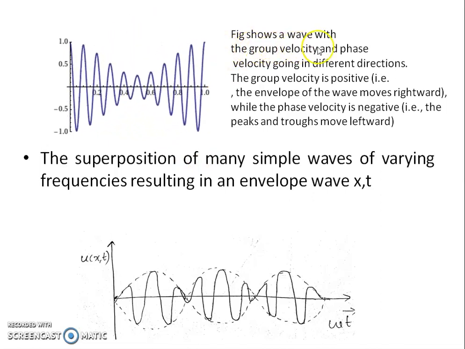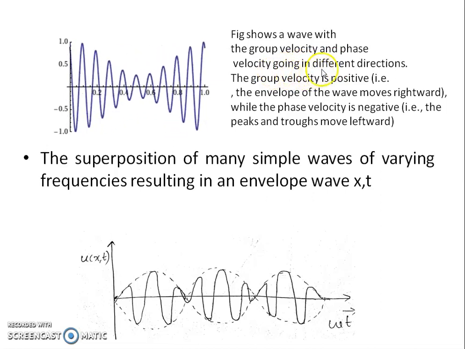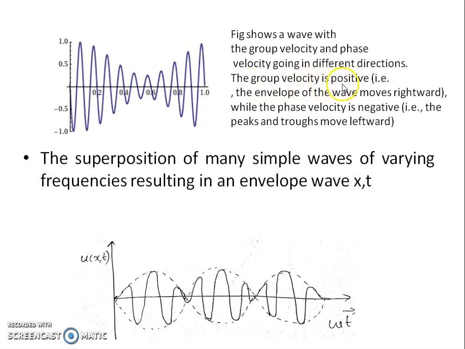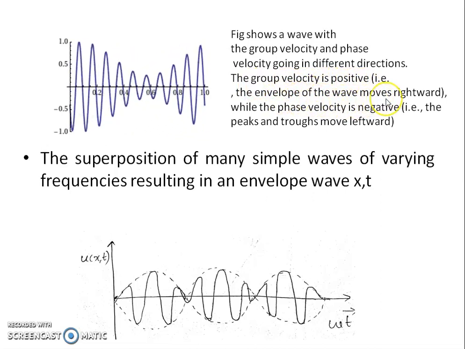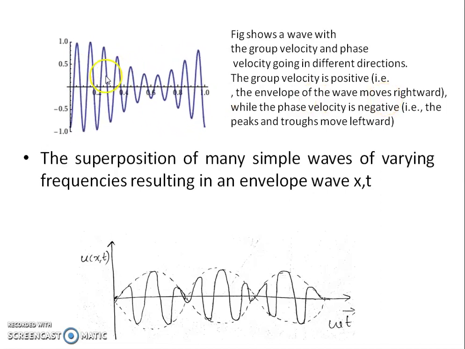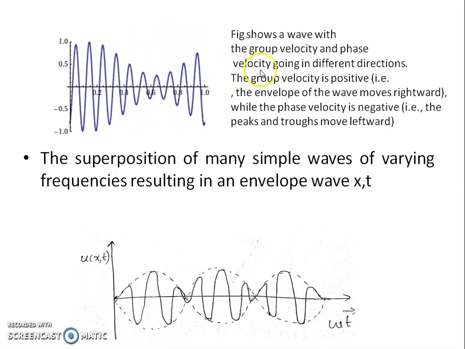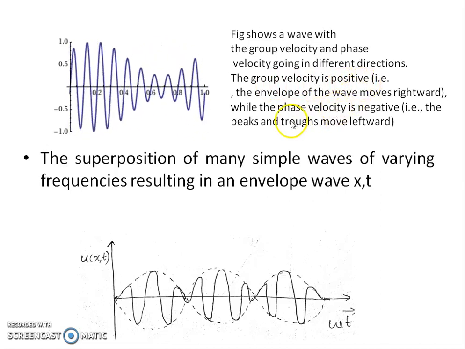Here the figure shows the wave with the group velocity and phase velocity. They are going in different directions. The group velocity is positive, that is, the envelope of the wave moves rightward. Look into the figure. The envelope is going like this, so the group velocity is taken as positive.